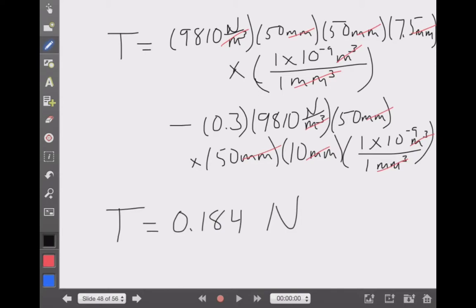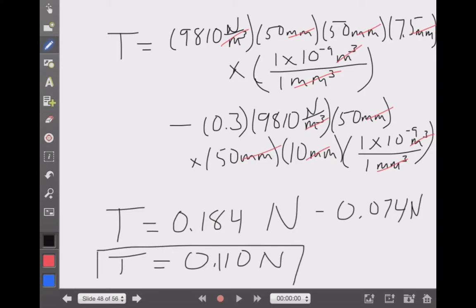Okay, take that back. That is the buoyant force minus this, the weight of the block. Not following my notes very well. The tension of the string is the subtraction of these two, which turns out to be 0.110 newtons. So that is the tension in the string.